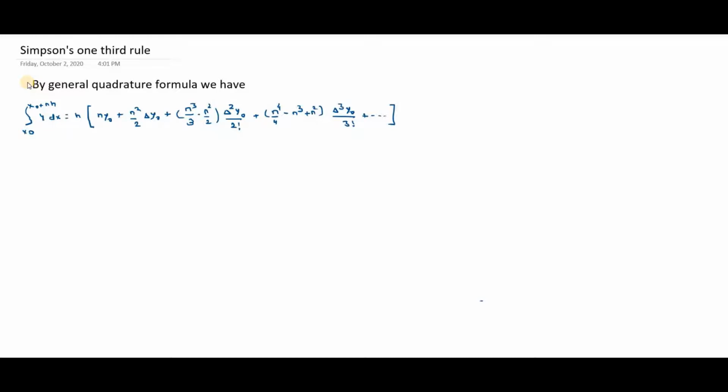Now to prove Simpson's one-third rule, we have to substitute the value n is equal to 2 in the above general quadrature formula.